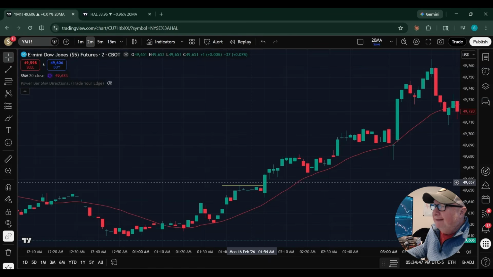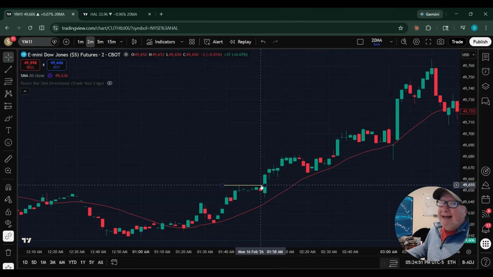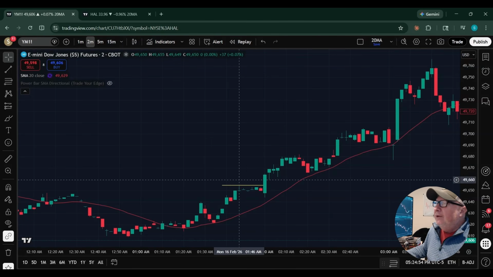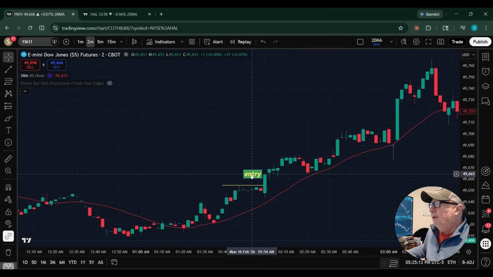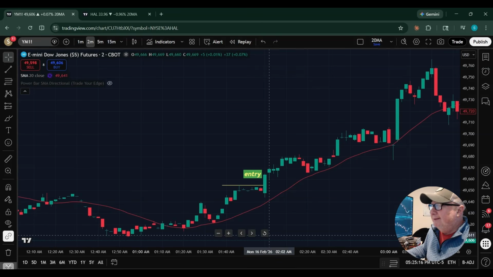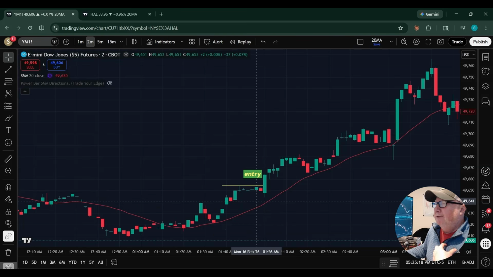A break of this base entering here is not a bad trade in and of itself, but in the power bar setup, the entry would just be here, right around 49,665. This is obviously 2 a.m. my time. This is not a trade that I took, that I can guarantee you.